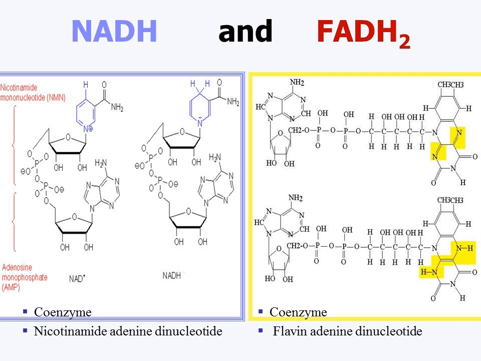NADH versus FADH2, oxidized versus reduced image, is listed here. Notice how in the NADH reduced version, you have added that extra hydrogen. In the FADH2 version, you have added 2 extra hydrogen.